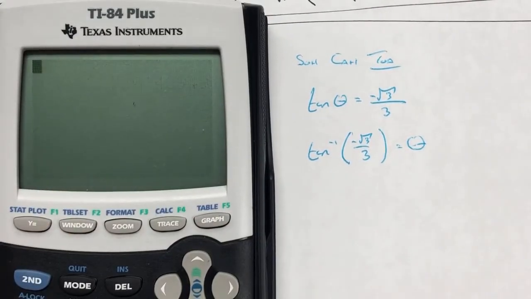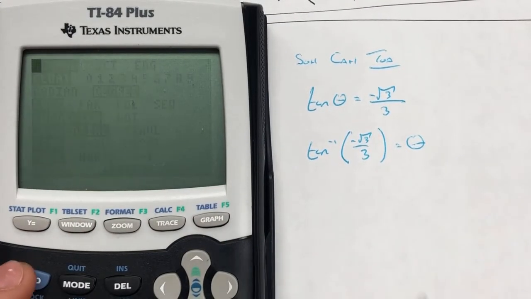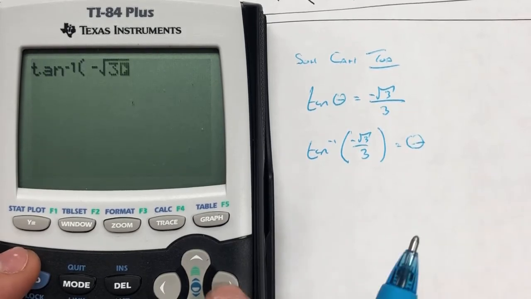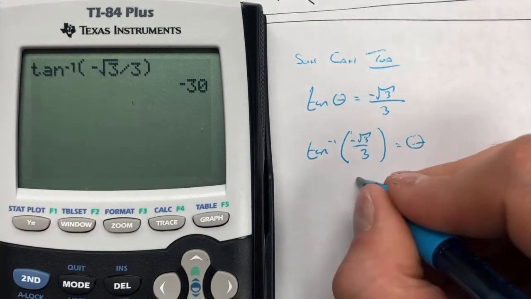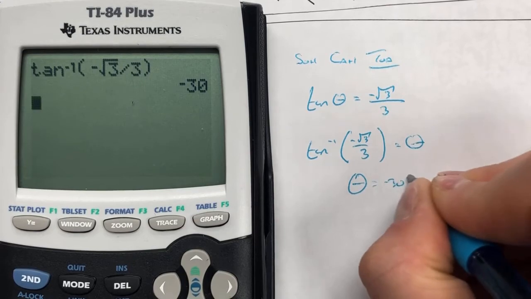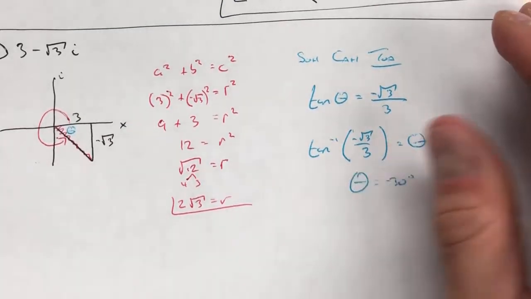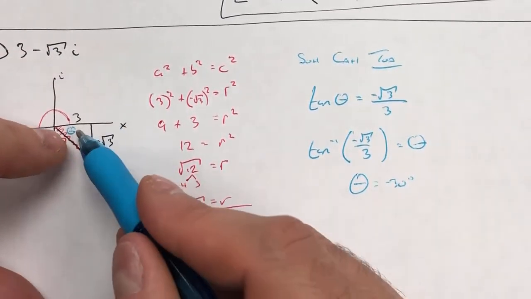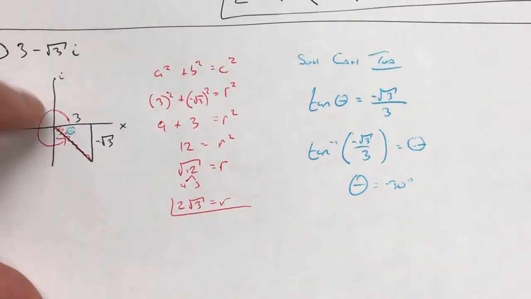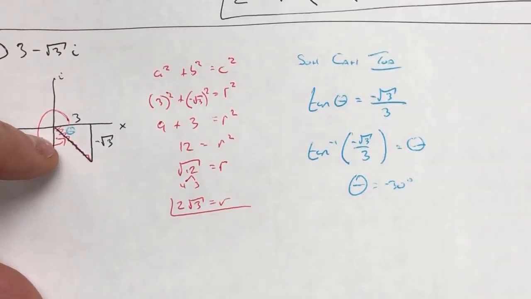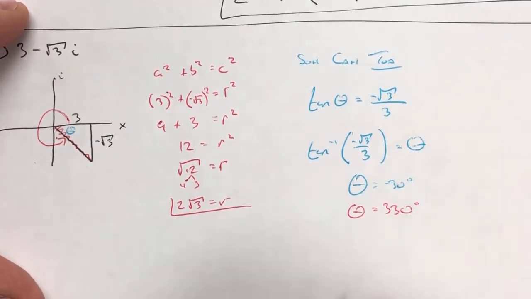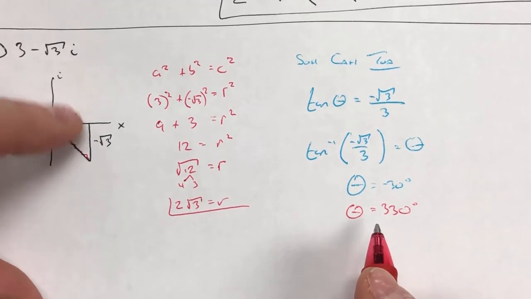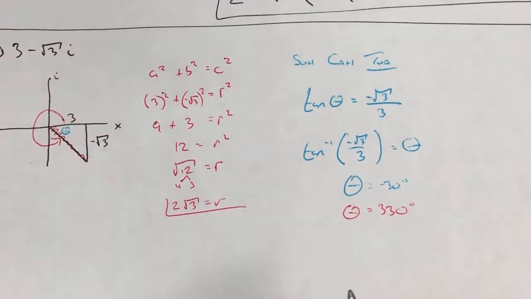Let's go ahead and clear this. So I'm still in degrees, so inverse tangent of negative root 3 divided by 3 gives me negative 30. So my angle is negative 30 degrees. If that's negative 30, that will still produce that same angle measure. So I can either use negative 30, or if I wanted to use the positive value, I could say my angle is 330 degrees, which is 360 degrees minus 30.